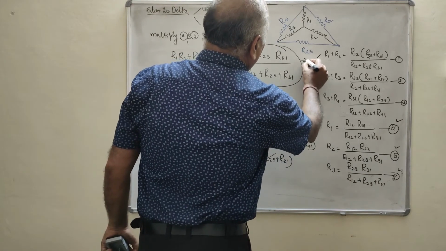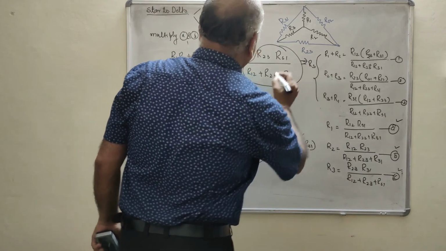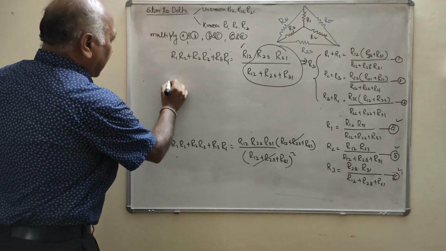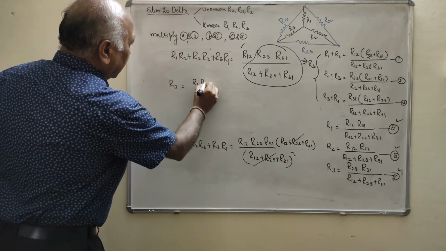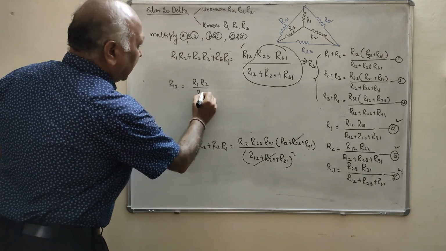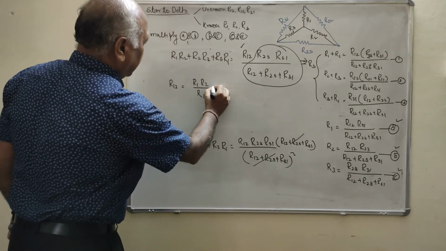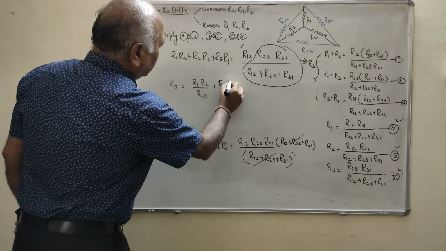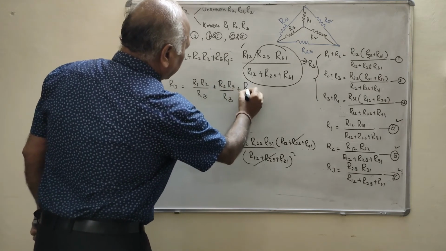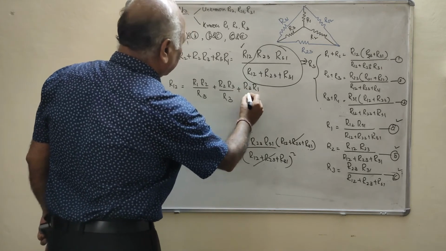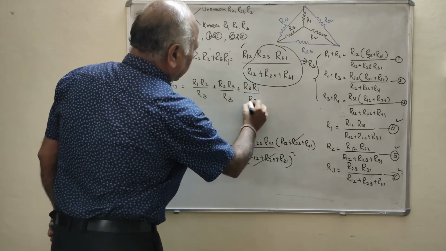This is R3. Clear? Or you can say R12 is equal to R1R2 upon R3 plus R2R3 upon R3 plus R3R1 upon R3.